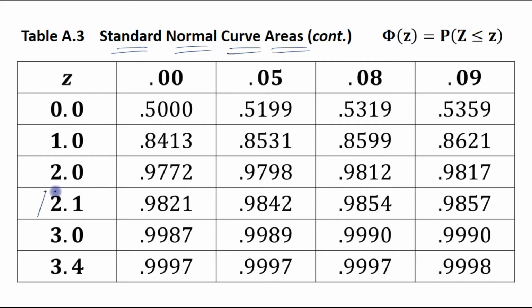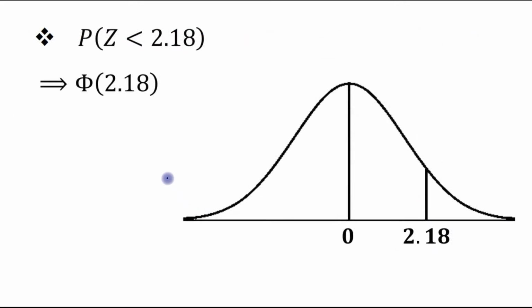So this is 2.1 and 0.08 for 2.18. Its value will be 0.9854.